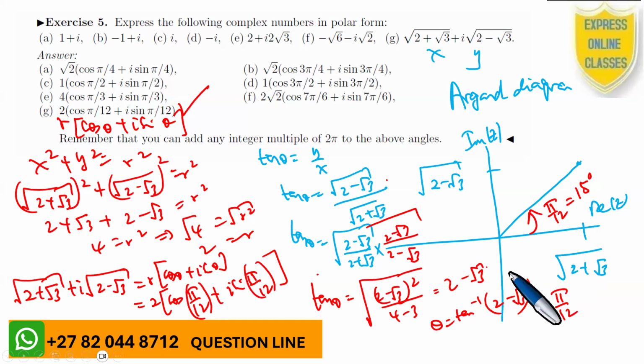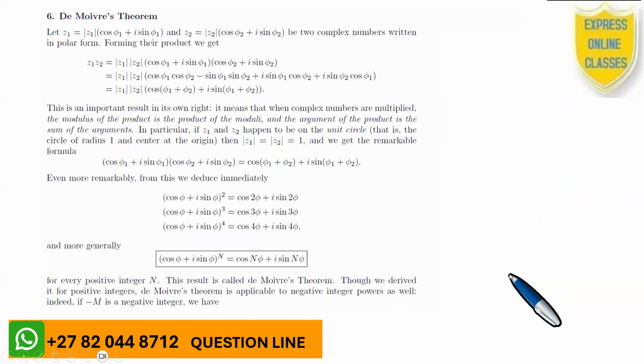Let us see what else we can do. There's something called De Moivre's theorem. What is De Moivre's theorem?